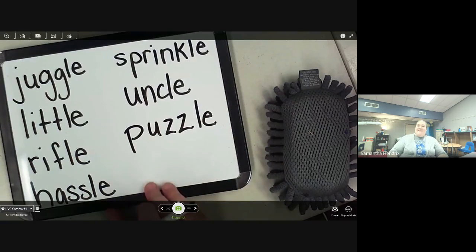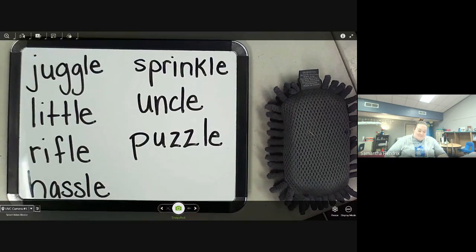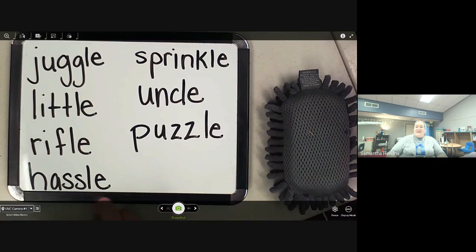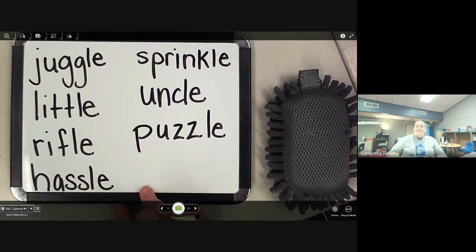No. Okay, let's look at these words. So let's code them. First of all, these all end on a consonant LE. That means all of these words have a final stable syllable. There's a lot of them, guys.